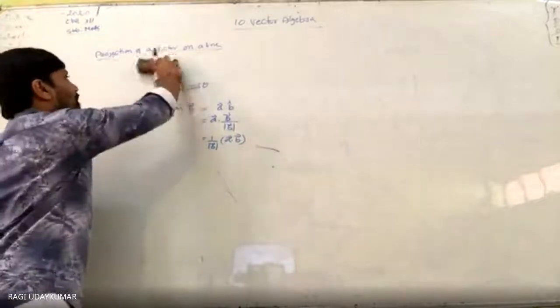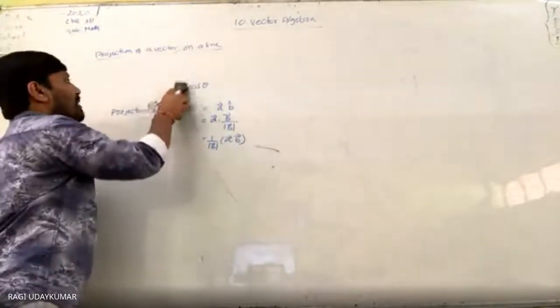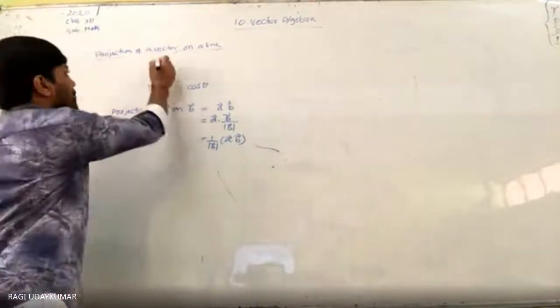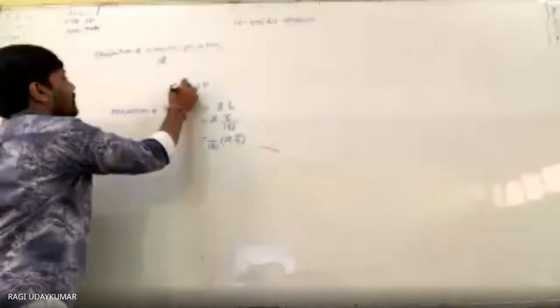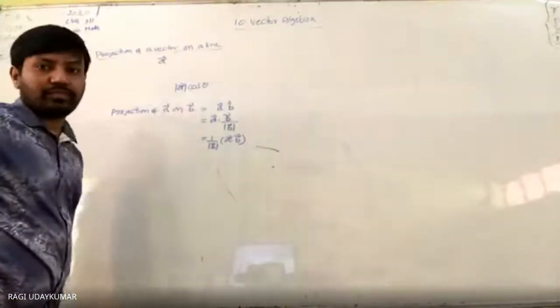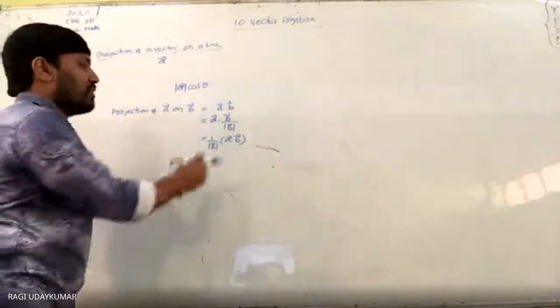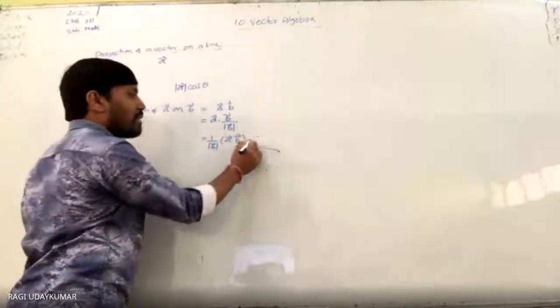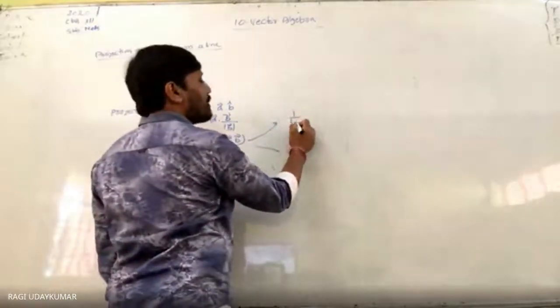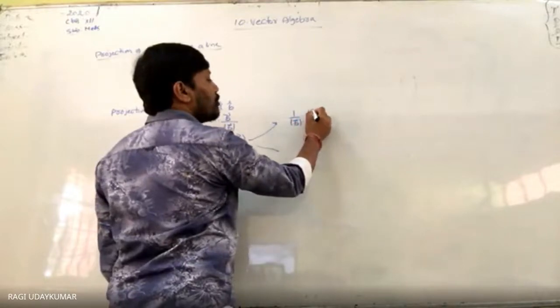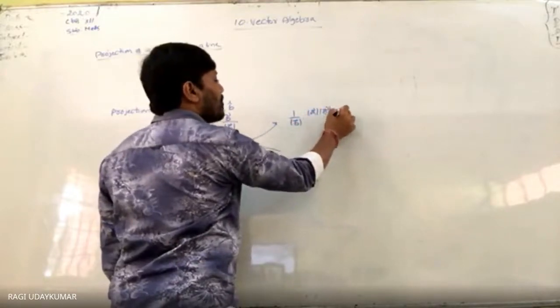Here if you take A bar as one vector, this can be written as 1 by magnitude of B bar, magnitude of A bar, magnitude of B bar, constant.